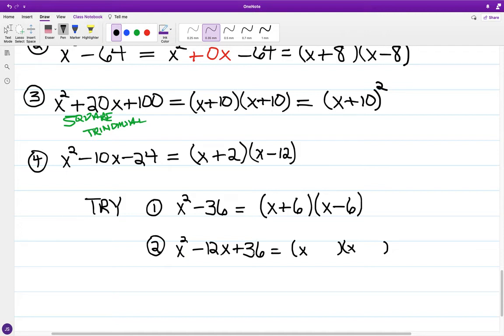And since we're looking at where the product is positive 36, but the sum is going to be negative 12, both factors are going to be negative. So that times itself gives you 36, that will be minus 6 and minus 6, since negative 6 and negative 6 add up to negative 12.